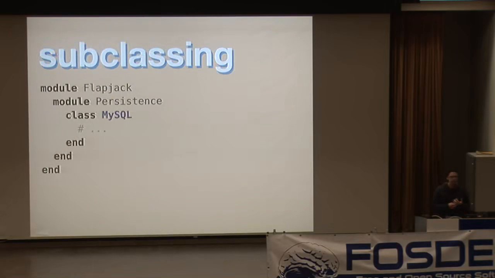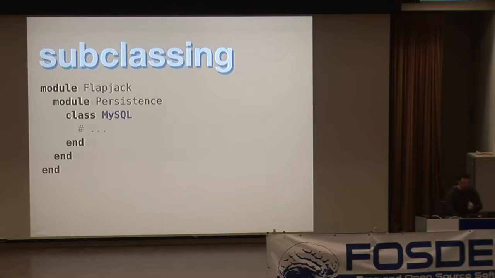The persistence API gives you a whole bunch of advantages, such as subclassing. Let's just say, hypothetically, you have a MySQL backend and you're using that on your Flapjack instance in your business, and you find that there are particular workloads that you need to optimize to make it run faster.